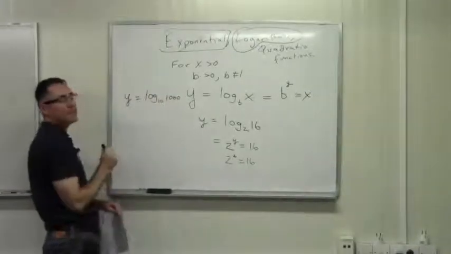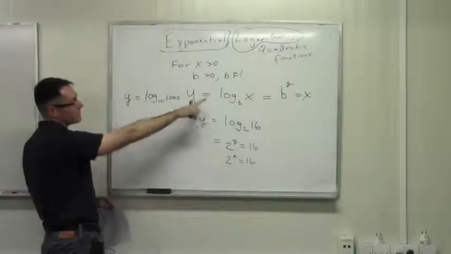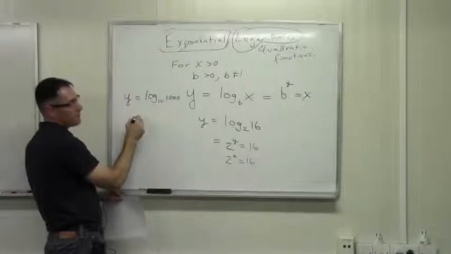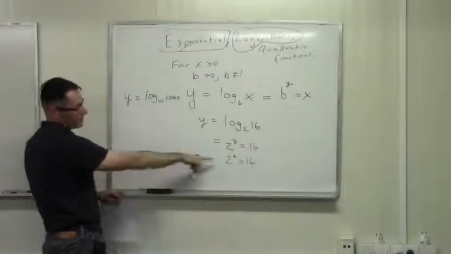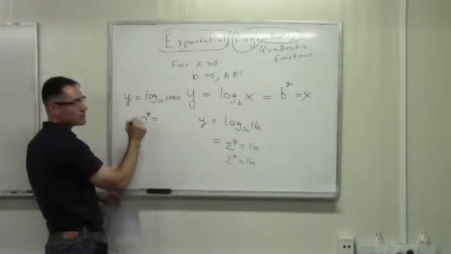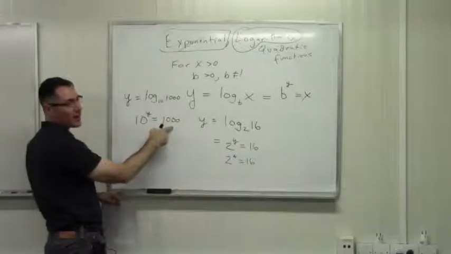How would I rewrite that using that formula up there? 10 to the y equals 1,000. What 10 to what power gives you 1,000?